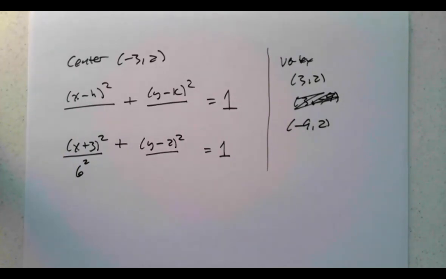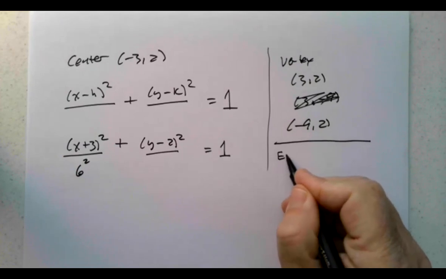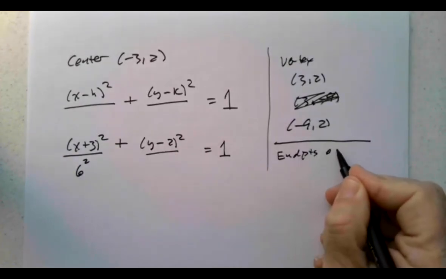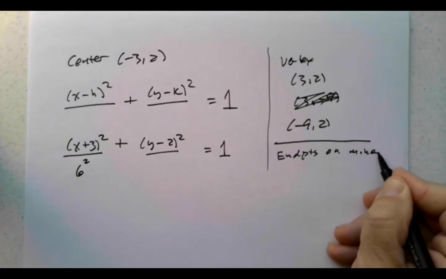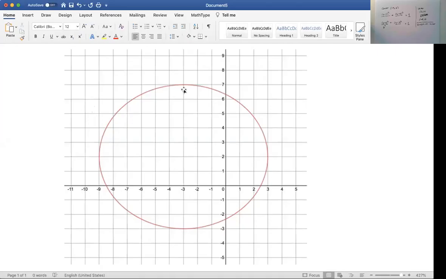So we have our vertices. We also need to get our points on the minor axis, and how is that going to enable us to determine this denominator? What are the endpoints on the minor axis? Let's go back and look at our graph. We have a point here, which is -3, 7, and a point here, which is -3, -3.